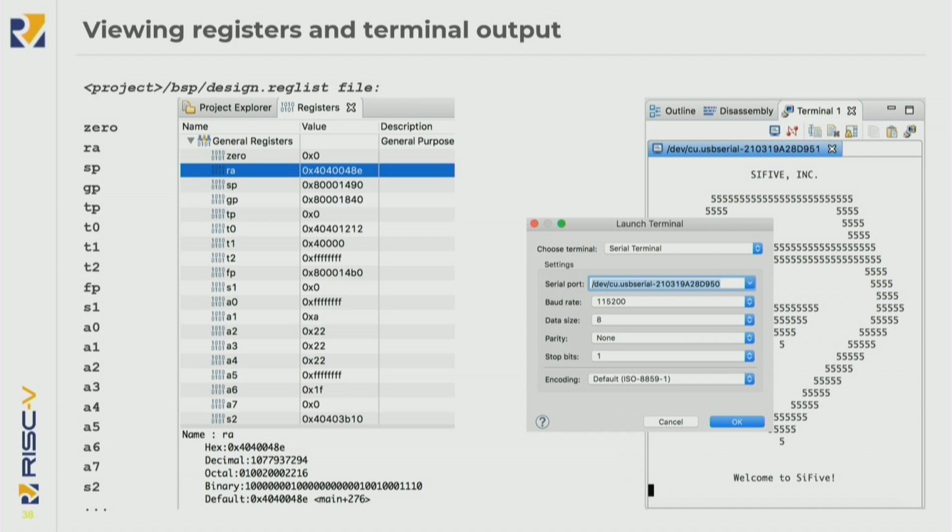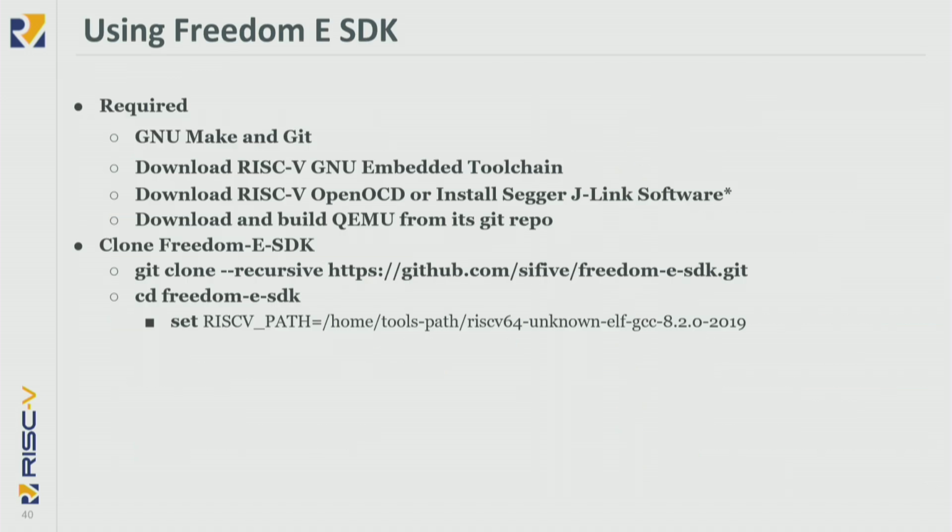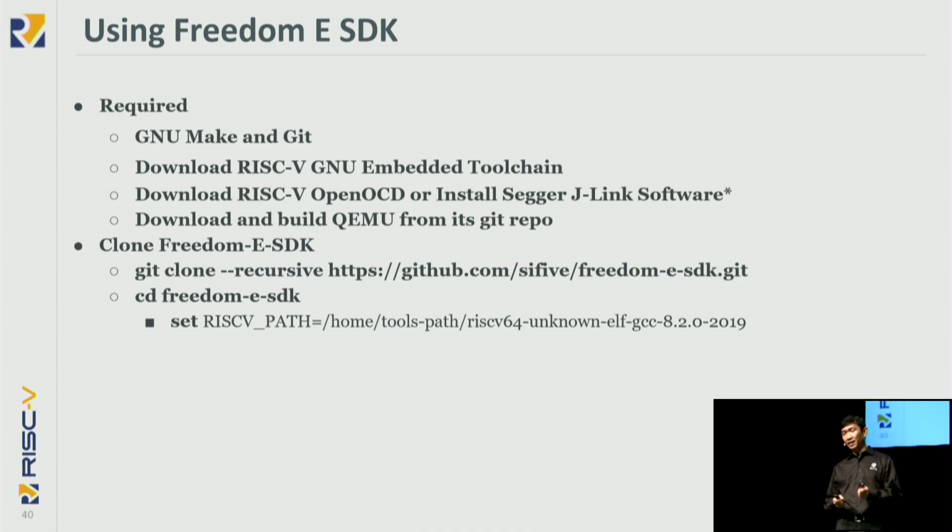It also can launch a terminal console. And if you want to see what set of RISC-V assembler your C program looks like, it also has a window tab for that. So that's the GUI part.